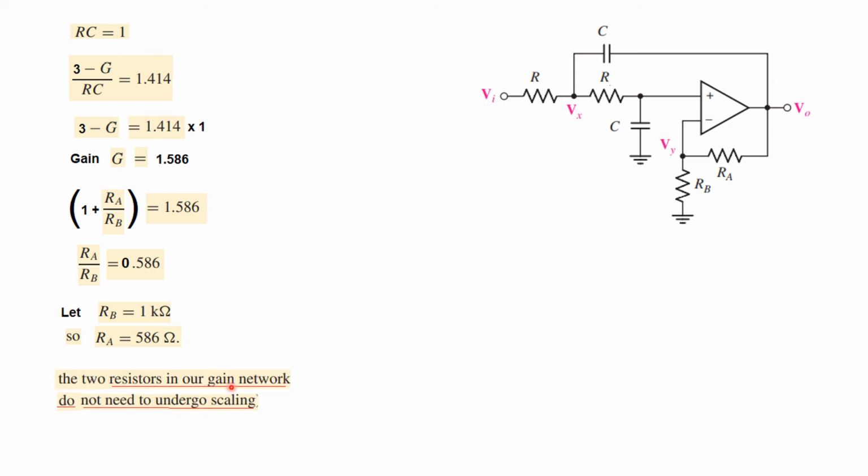Now the two resistors in our gain network do not need to undergo scaling. So this is not part of the scaling. These were the part of the scaling. So this will remain unchanged.